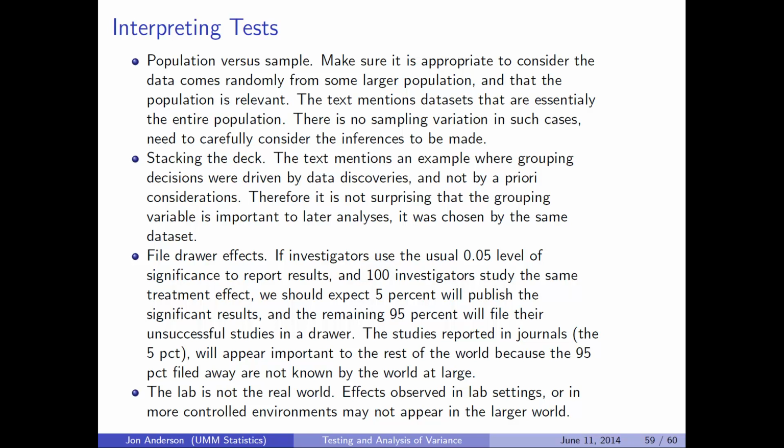And what will happen is that the studies that appear in academic journals, the 5%, are going to look important to the rest of us because we don't know about the other 95% that got filed away. And this is kind of how to calibrate your reading of literature and understanding about what things mean and don't mean.